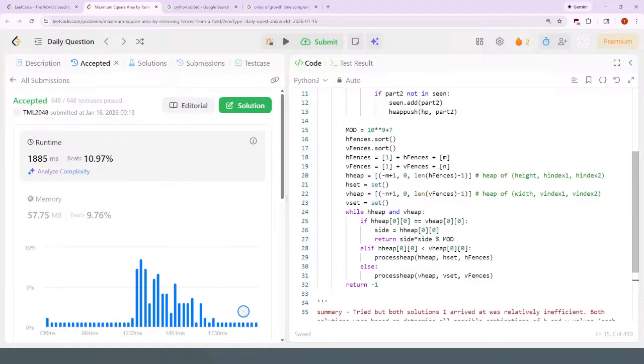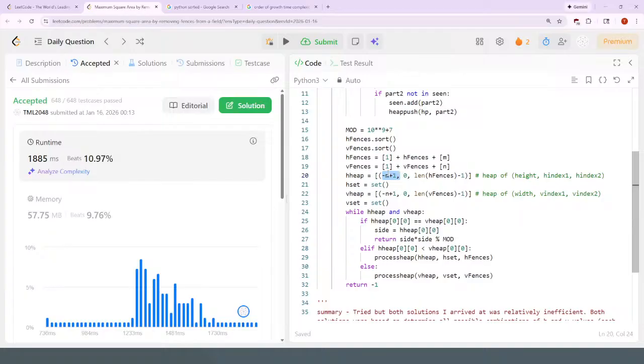Heaps. You start with the largest possible height, which is from index 0 to the last index of your modified H array, where your H array adds in a 1 and an M to include the outer top and bottom fences. It's negative here because you want to sort by largest rather than smallest.